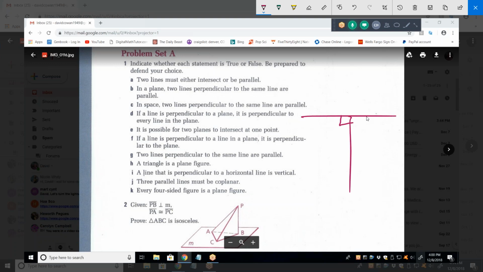I think that's true, whether they say in the same plane or not. I mean, first of all, when you're talking about vertical and horizontal lines, you are presuming you're in a plane, are you not? I'm a little confused here, because he is mixing up two-dimensional and three-dimensional geometry.